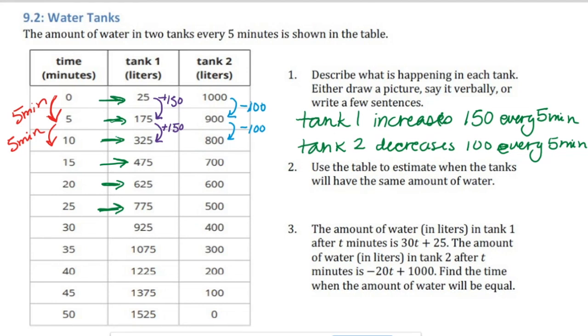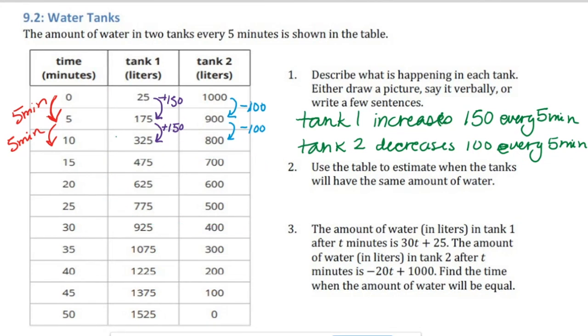Now, if you look around this area here, there's a shift that happens, right? In tank 1, I went from 475 to 625 to 775. In tank 2, I went from 700 to 600 to 500. So this is kind of like where the tanks shift in what they have inside their liters, right?